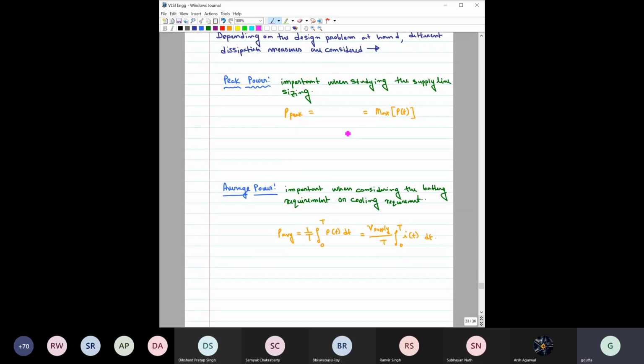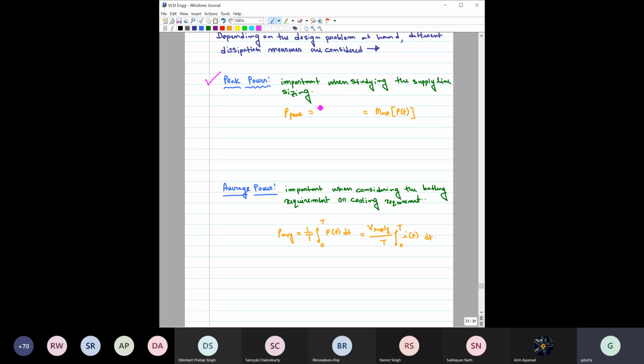For example, suppose you are given a limitation on the peak power, that the peak power cannot be more than this. So what are the things that you should keep in mind?